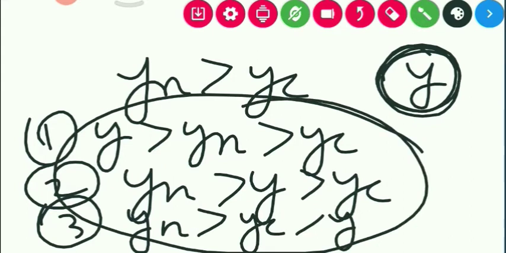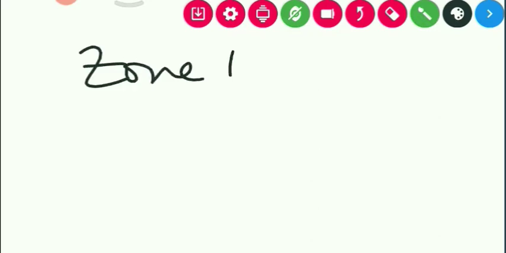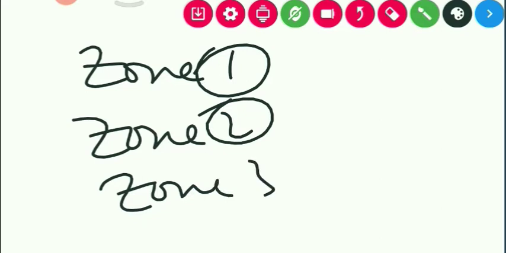So we have three kinds of zones in which y can lie, depending upon this: zone 1, zone 2 and zone 3.